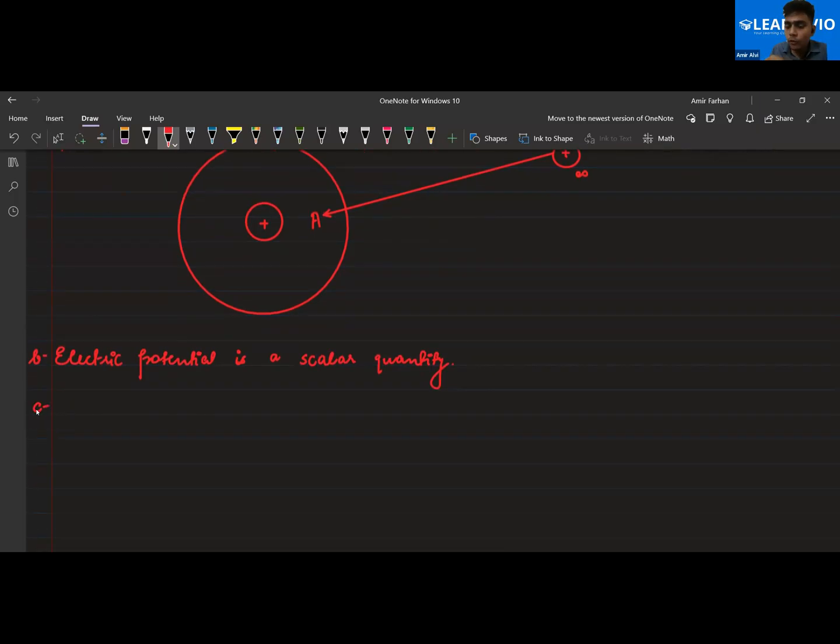Okay. Next point about electric potential: the SI unit of the electric potential is volt.